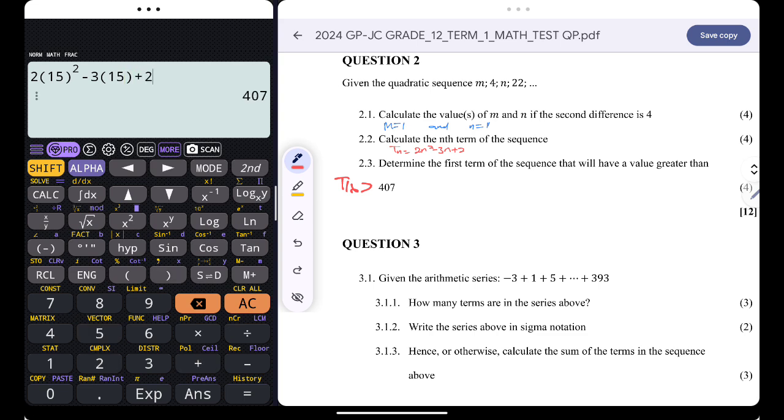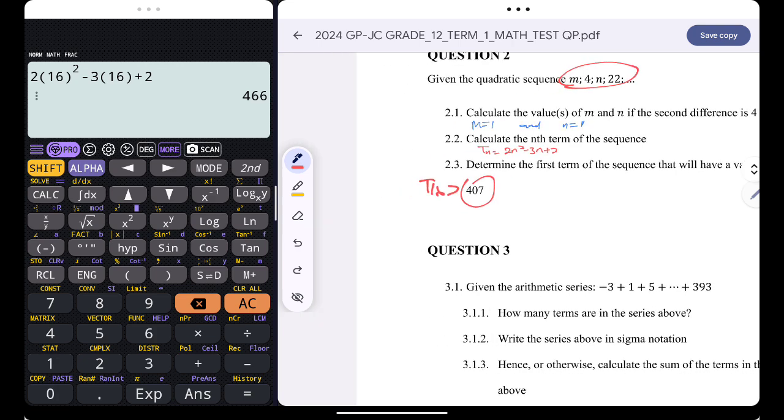The 15th term of this quadratic sequence is actually equal to this thing. Are you together? So the first term that will be greater than the 15th term is the 16th term. So you can just prove it if you are not sure. You will see that T16 is a number which is greater than 407.